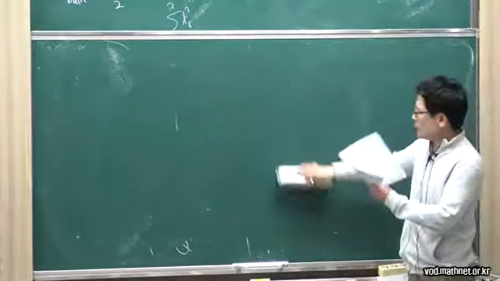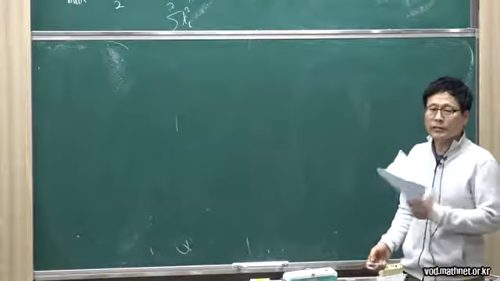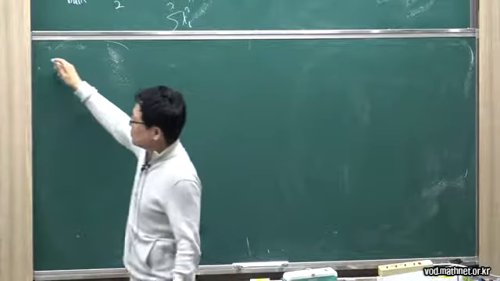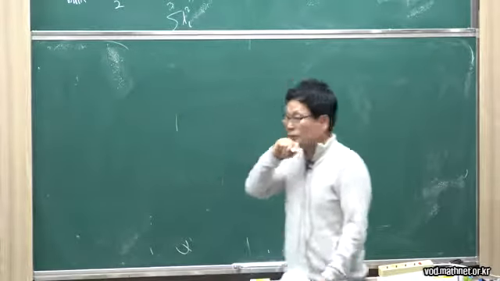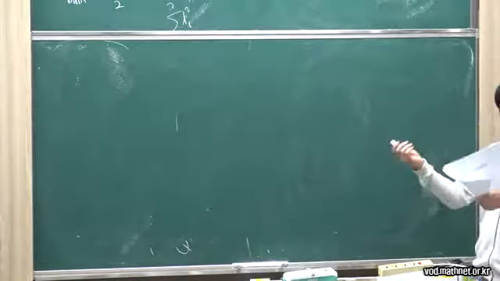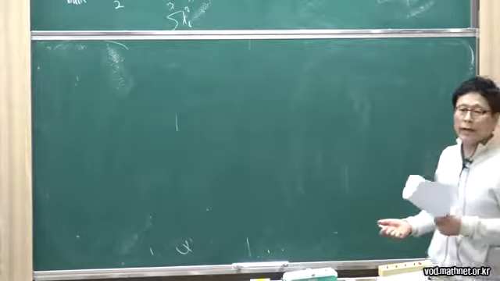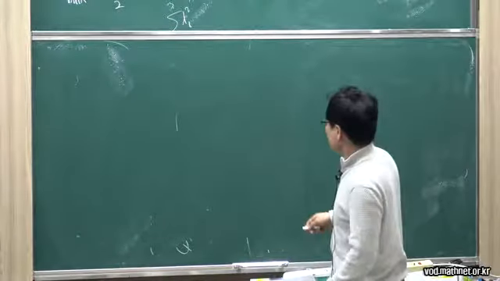This energy is called the Landau-de Gennes energy. De Gennes actually was the recipient of the Nobel Prize, and one of the reasons is his contribution to liquid crystals and superconductors.